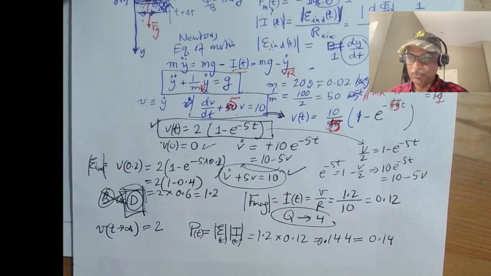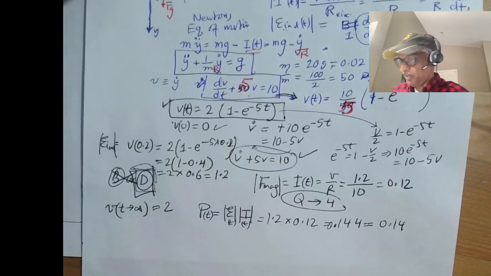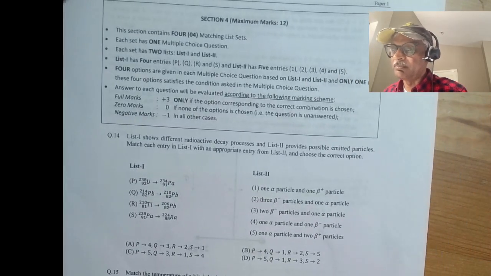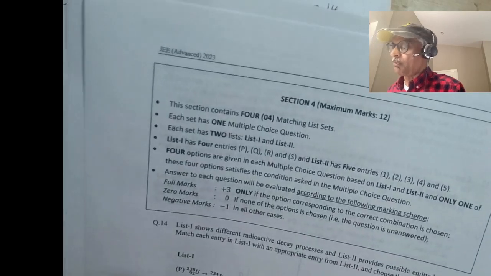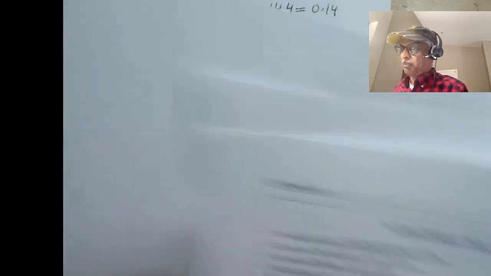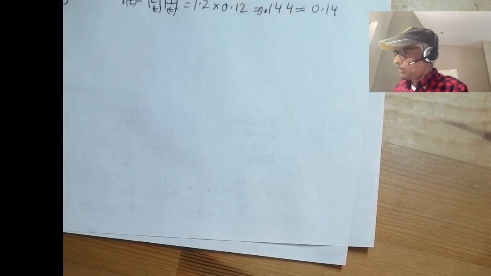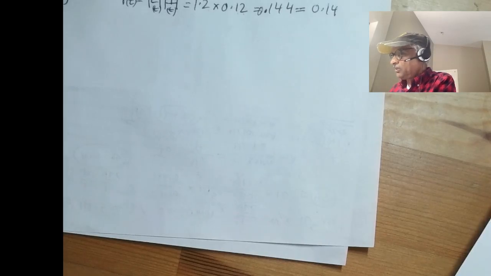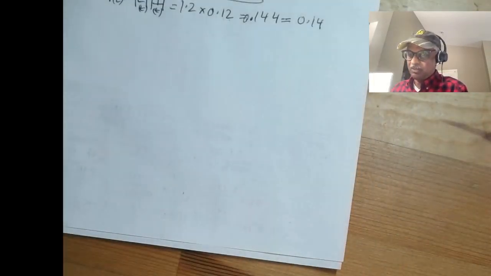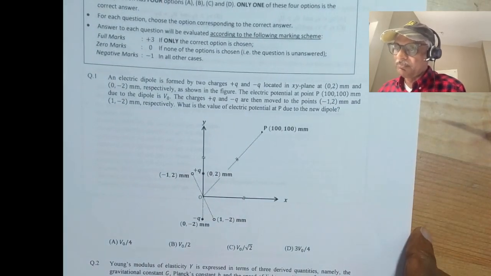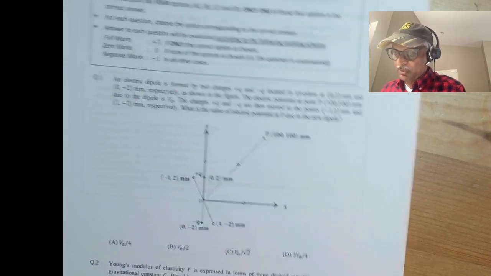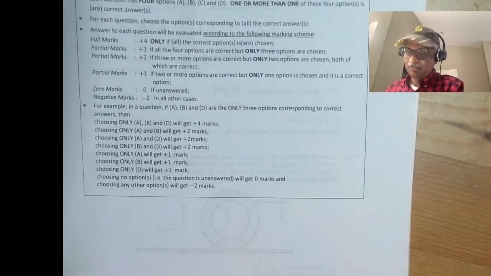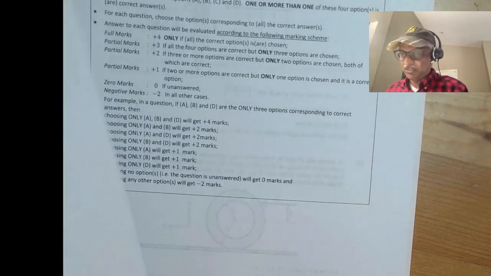Next I'm going to do paper 2. Just for a preview of paper 2, this was paper 1, and I think I have paper 2 printed out somewhere. Yeah, I've got a paper 2 here. This paper 2 appears to have some really trivial questions.